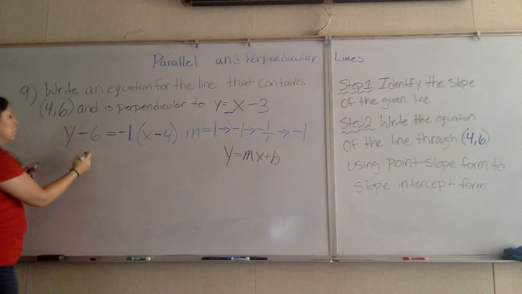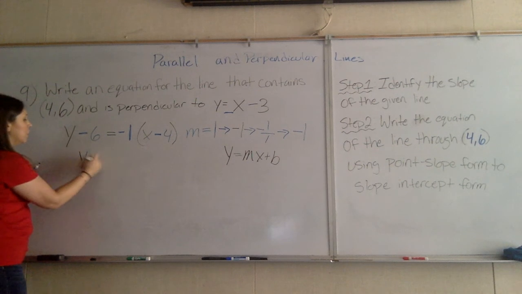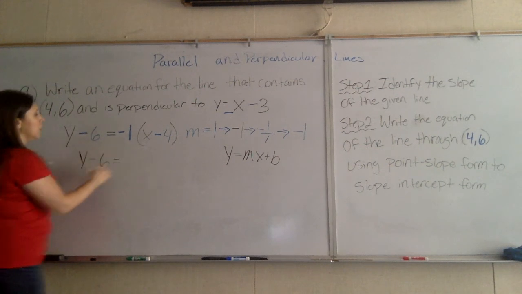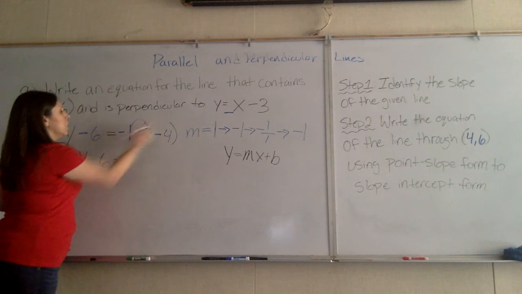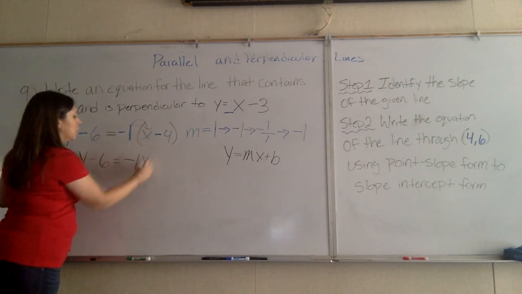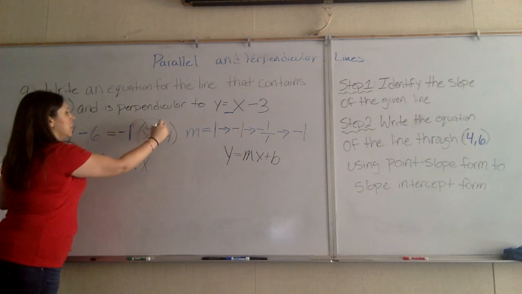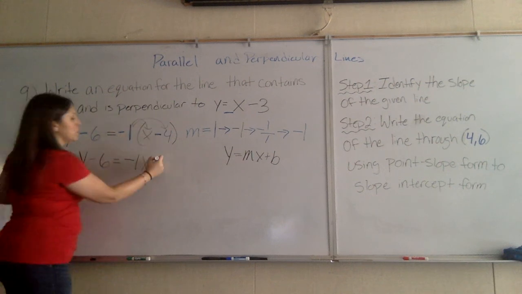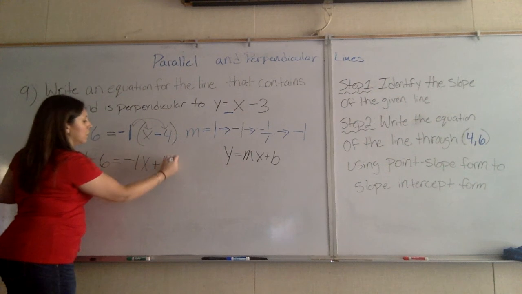Nothing's going to happen so far to my left-hand side, so I'm going to write it anyways. y - 6 equals, I'm going to distribute: negative 1 times x is a negative 1x. Negative 1 times a negative 4, I have a negative and a negative, that gives me a positive 4.